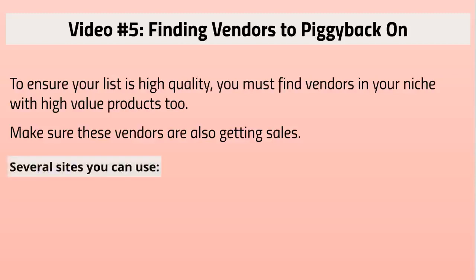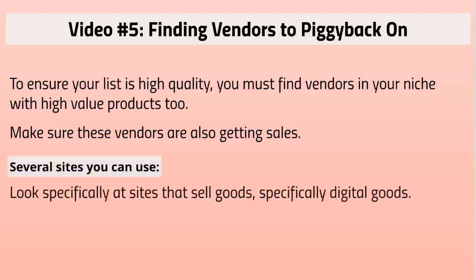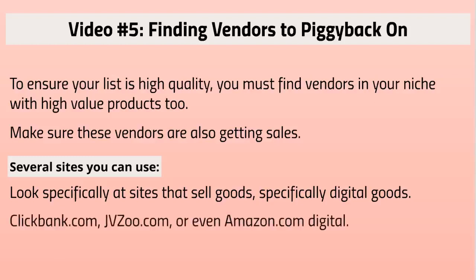And there are several sites that you can use to find these vendors. So keeping that in mind, you want to look specifically at sites that sell goods, specifically digital goods if you are selling a digital book, a digital video course, or something digital or intangible. You could technically look at sites like Amazon.com, but most of those are selling through Amazon and are physical goods.